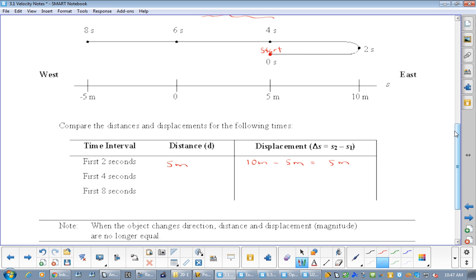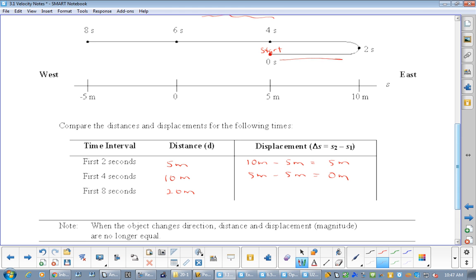Now after 4 seconds, what is my distance? 10 meters. What is my displacement? 0 meters. So 5 meters minus 5 meters equals 0 meters. Now after 8 seconds, what is my odometer saying? 20 meters.